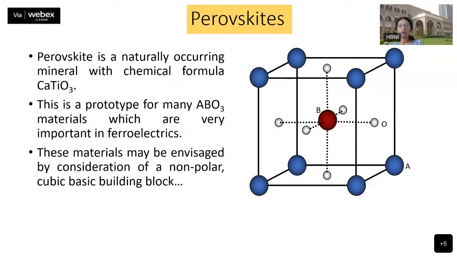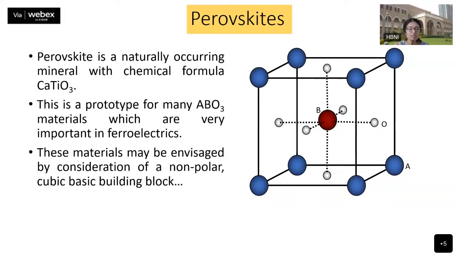Now, perovskite is one of the primary examples of ferroelectric material. Perovskite is a naturally occurring mineral, and it has the chemical formula calcium titanate, CaTiO3. This is a prototype for many ABO3 or perovskite materials, which are very important in ferroelectrics.